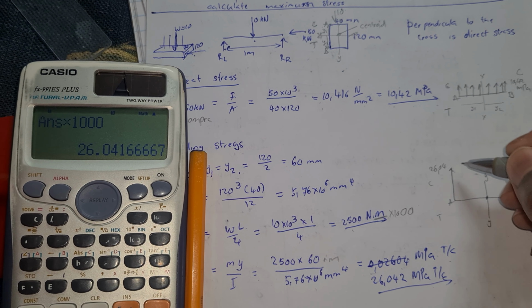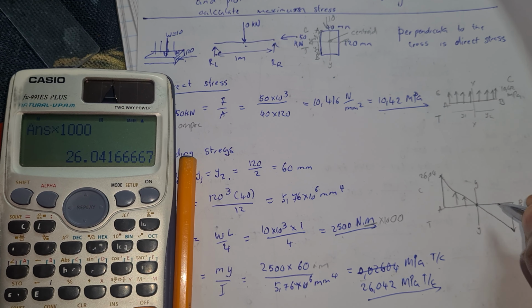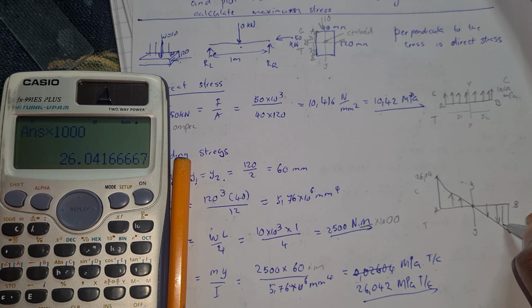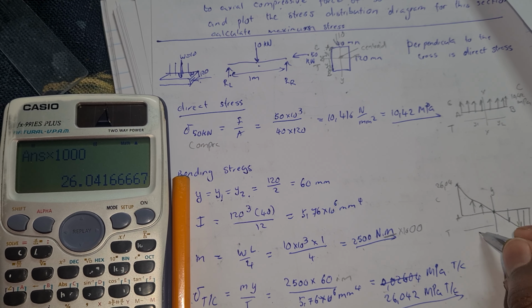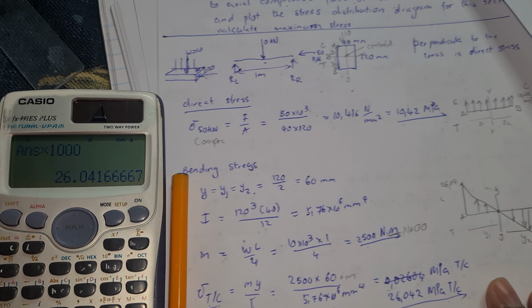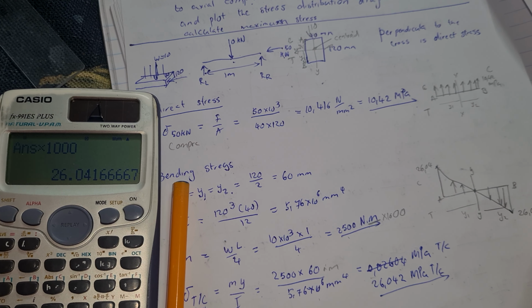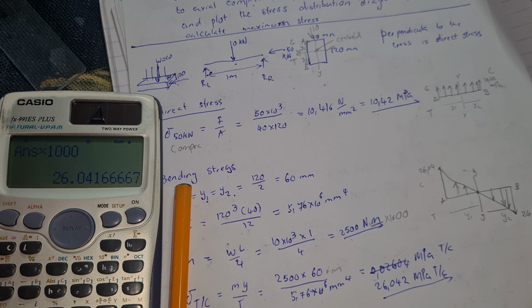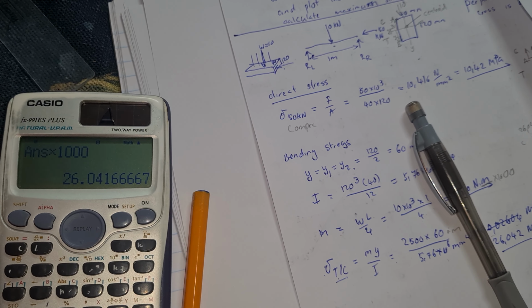And then here it's 0, and then you just join the lines. Remember, this is y1, y2. Then also this is 26.042 MPa compression. Then we are done basically.